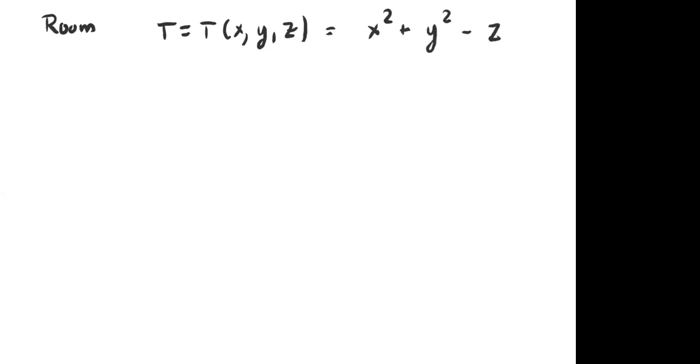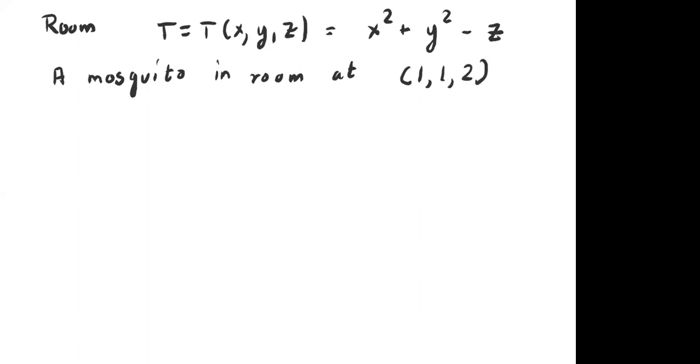So the temperature of the room is not constant, it depends on where you're at. So suppose I have a mosquito in the room, and suppose the mosquito is located at the point x equals 1, y equals 1, z equals 2.